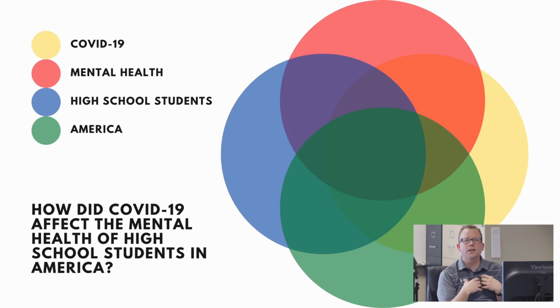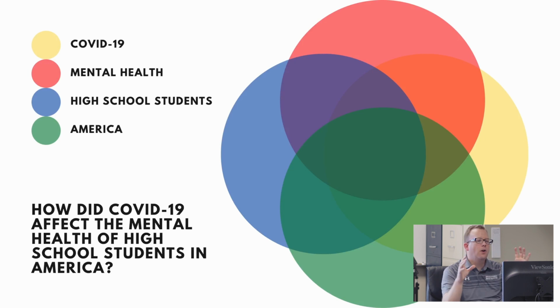Now, this may feel like it's too specific. Oh man, what if I can't find that? That's one reason why you get specific, is it helps you to identify, like our graphic here, all the different overlapping topics that you're going to be researching for your paper.